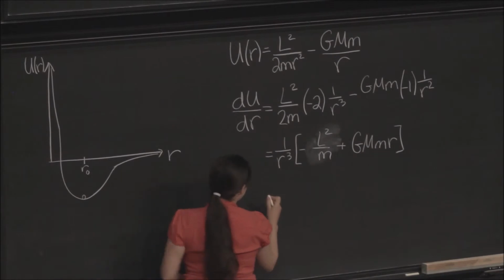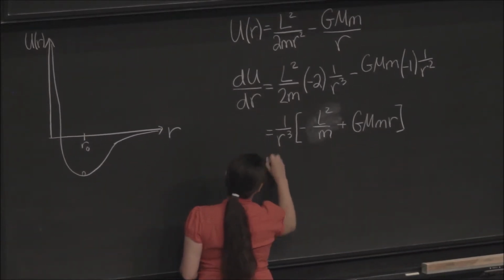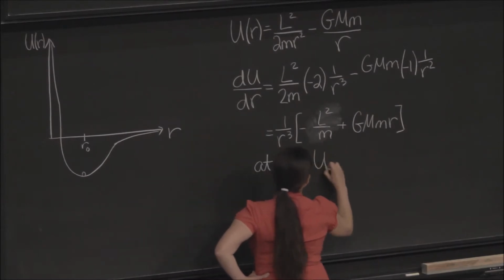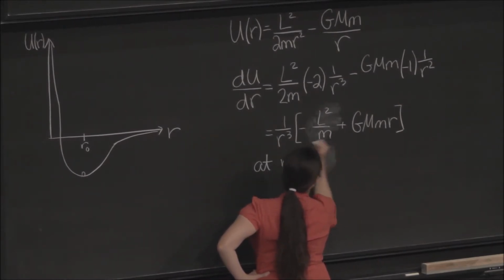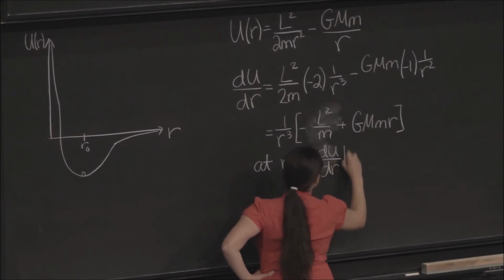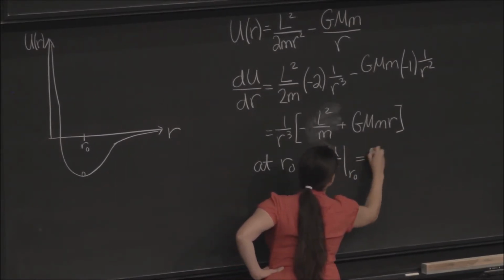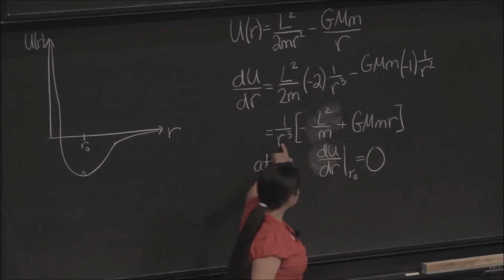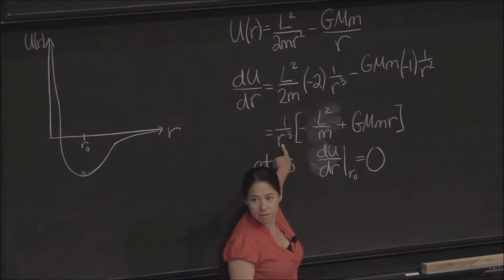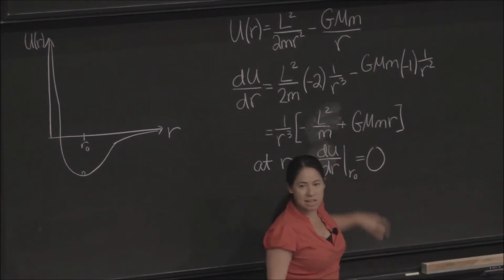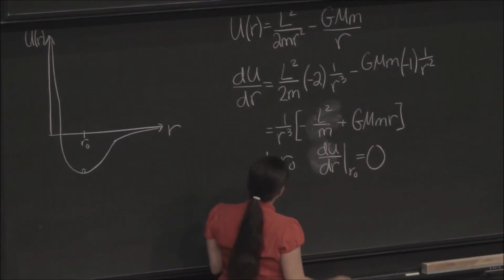At the minimum, we know that the potential energy derivative has to equal 0, so the thing inside the parentheses has to equal 0.